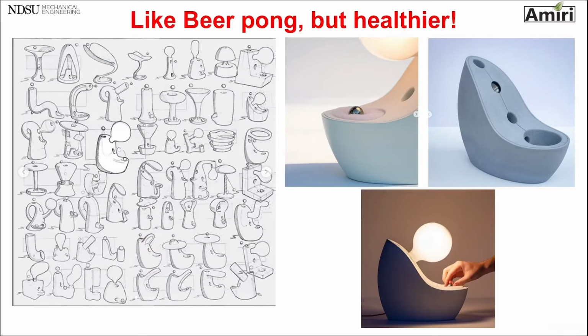Here's another nice idea. A light that turns on or off by placing a ball, and the ball rolls down, and you can pick it up again and put it in the top slot, and it will turn it on or off. So my point for showing this concept is such a simple thing as a desk lamp or desk light.